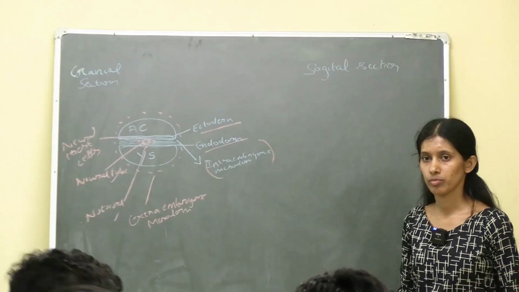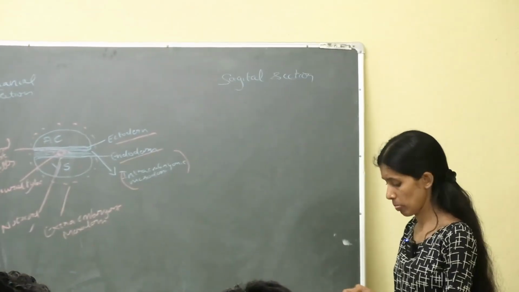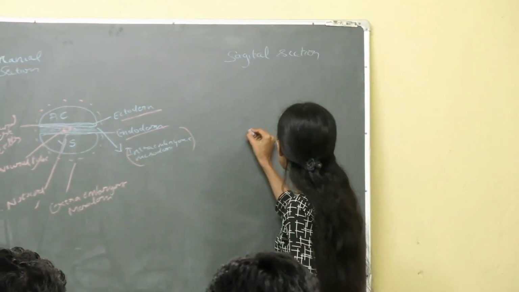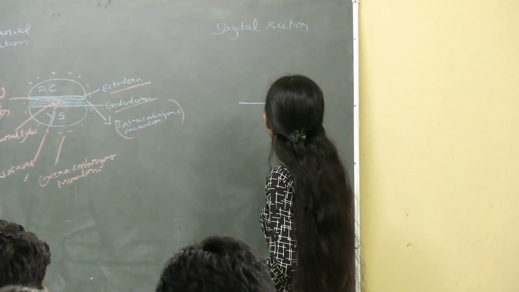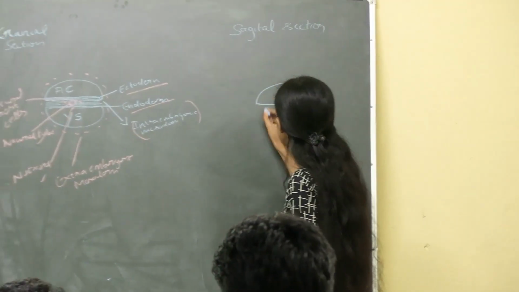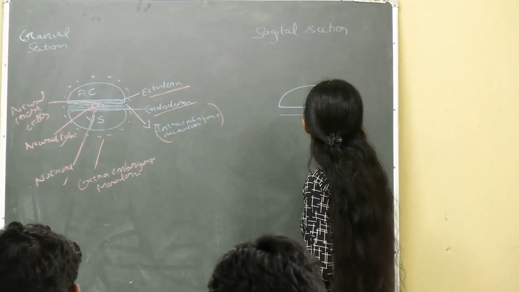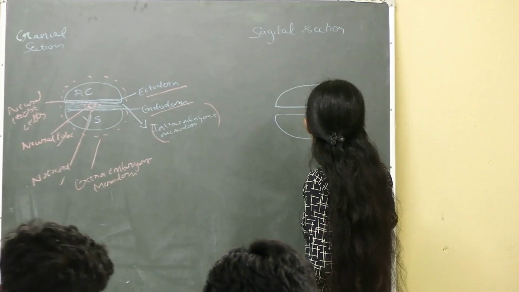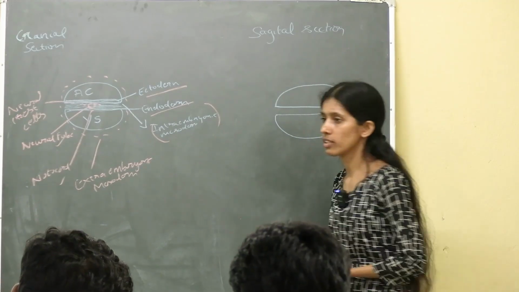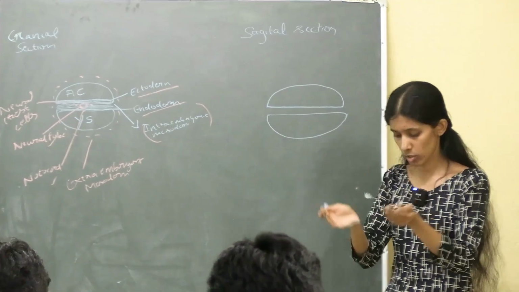Okay. Next we will see how it looks in the sagittal section. Sagittal section means like this. We have a sphere.